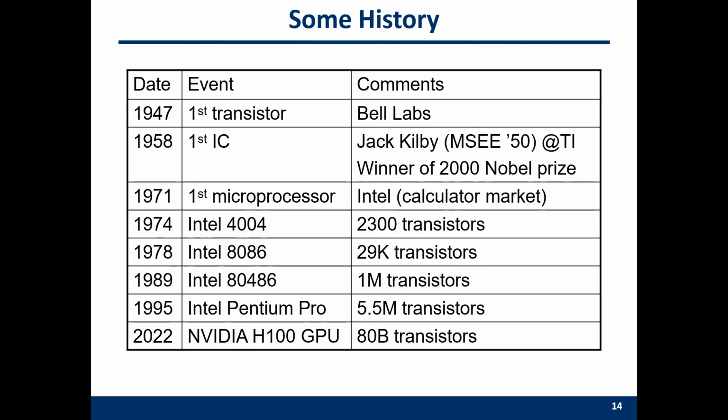Here are some events. You can see that people try to integrate exponentially more transistors into a single chip. Now this is the latest CPU. You have 80 billion transistors.